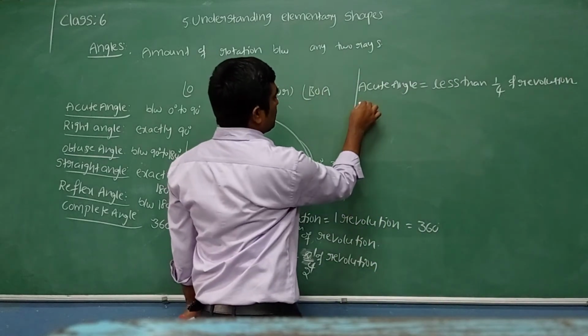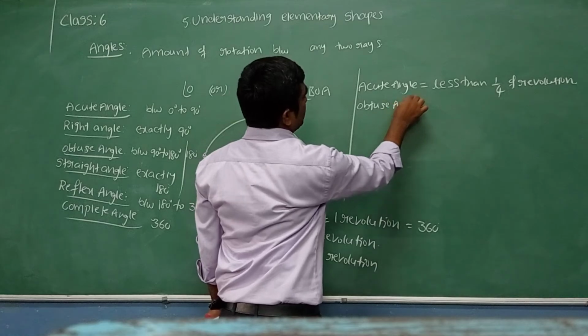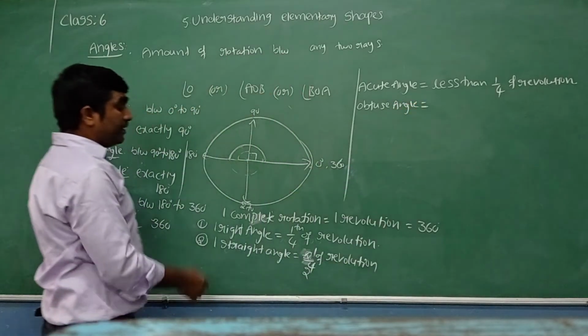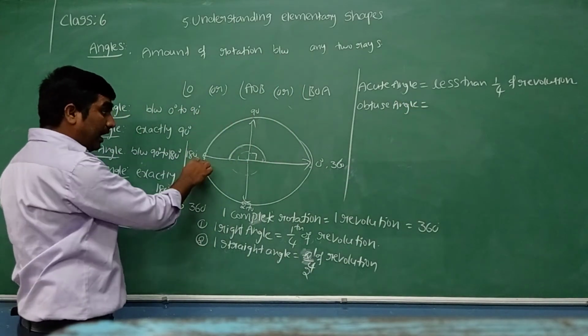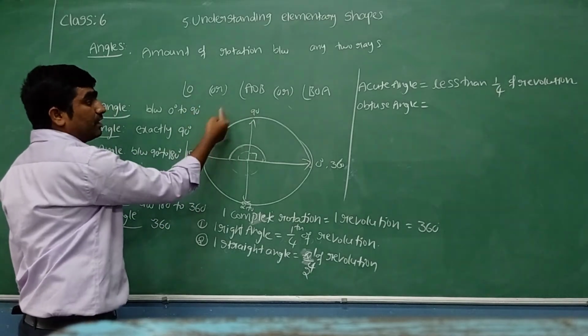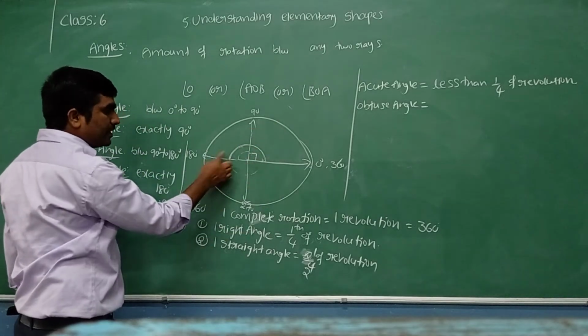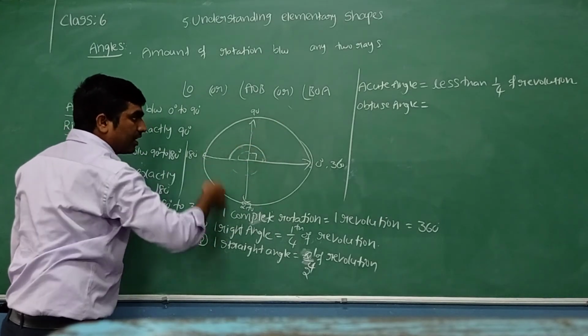Sir, what do we call obtuse angle? Obtuse angle means more than 1/4 and less than half. More than 90, less than 180. 90 means 1/4 of revolution, 180 means half of revolution.